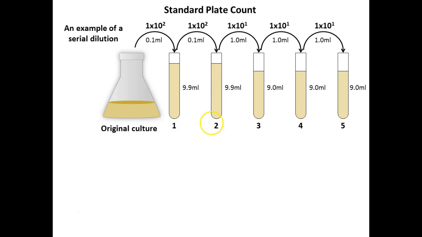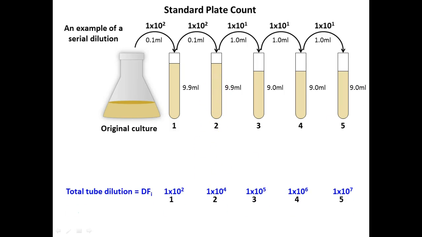So that's 10 to the 4th dilution in this tube. That's the total dilution of this tube. And when you do exponents, it's easy, because when you multiply exponents, you just add the exponents, right?